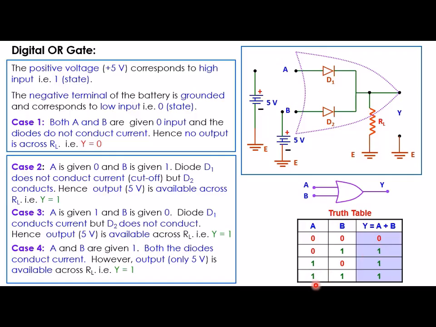And if both the diodes were given high voltage, then both of them were conducting, and you are getting 1 at the output, plus 5 volt. And this is nothing but justifying the logical statement of OR operation.